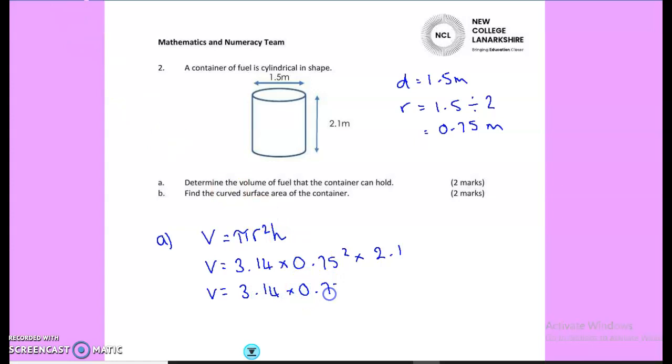We can make that times 0.75 times 0.75 times 2.1, or you can use the square button on your calculator, whatever your preference is. Typing that in then, 3.14 times 0.75 squared times the 2.1 gives 3.71 metres cubed. That's part A for the volume.